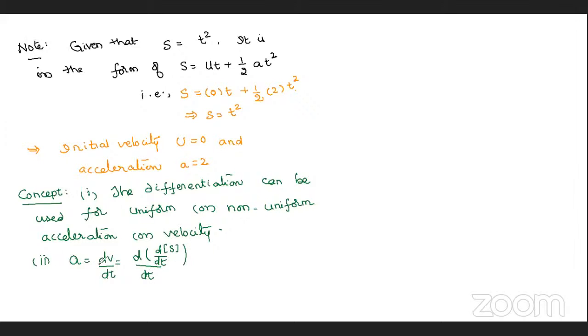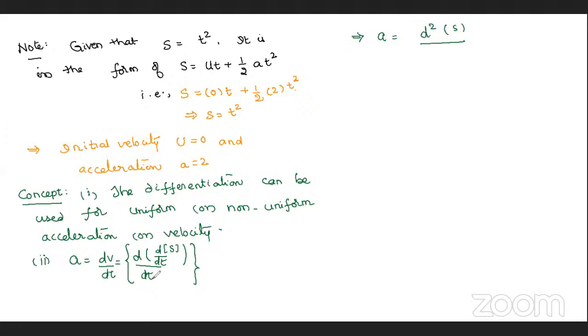How do you write this whole thing clearly? Very simple. That implies a equals d of d, that is d square, two times I used, of s, divided by dt.